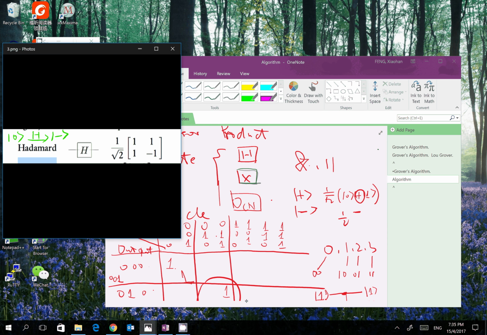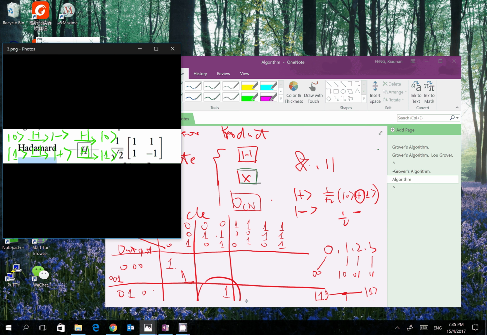Since the Hadamard gate is a unitary matrix, it is reversible. If we apply the Hadamard gate on a plus state, we will get the 0 state, and likewise if we apply the Hadamard gate on a minus state, we will get the 1 state.